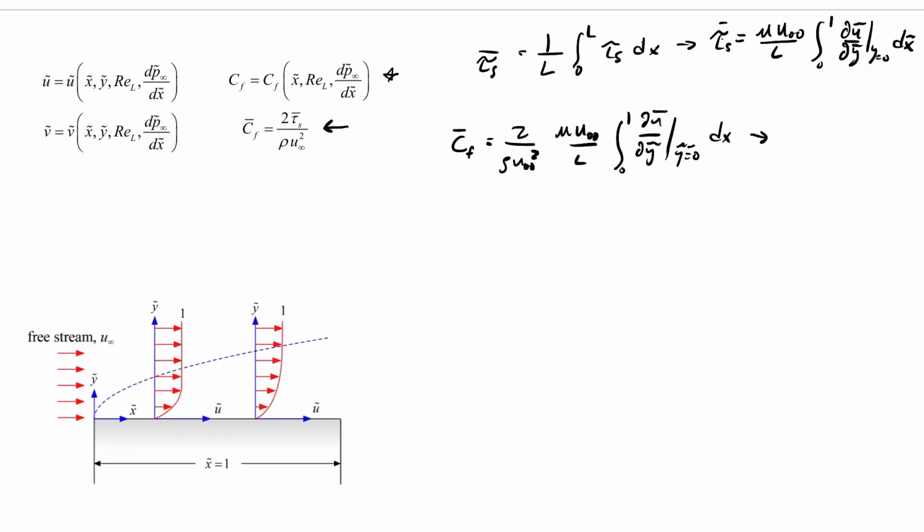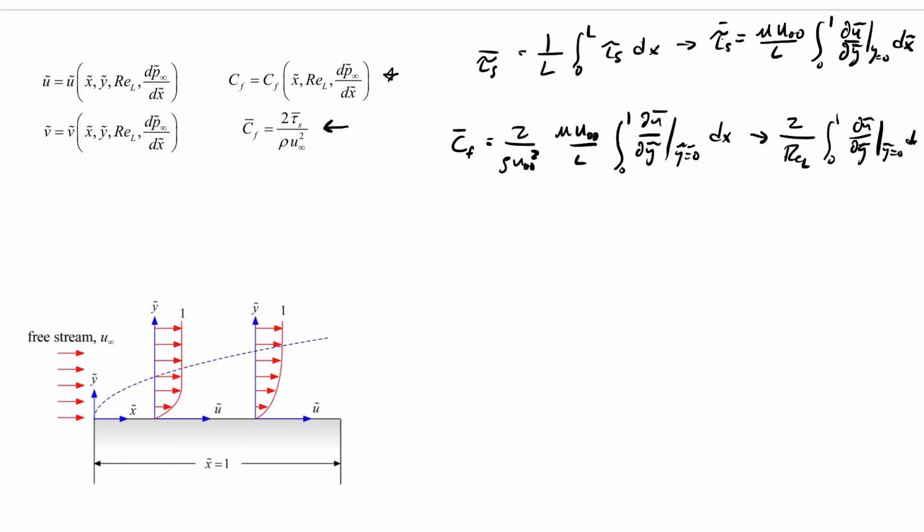Rewriting that, you can again see the Reynolds number appearing in the first group of parameters multiplying. So we end up with 2 over Reynolds times the integral from 0 to 1 of du tilde dy tilde at y equals 0 dx.